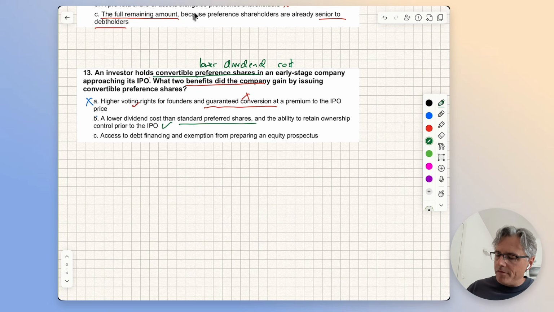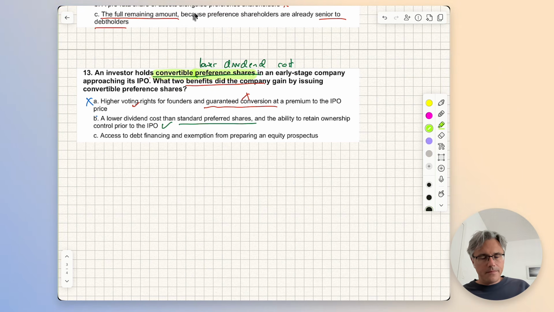Well, it comes from the trade-off argument. If you give preferred shareholders or any investors something extra on top of what the plain vanilla standard product is, in this case preference shares with the convertibility option, that makes the instrument better, more valuable than a plain vanilla one.